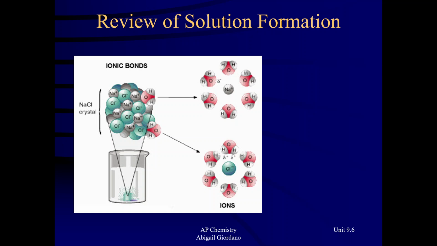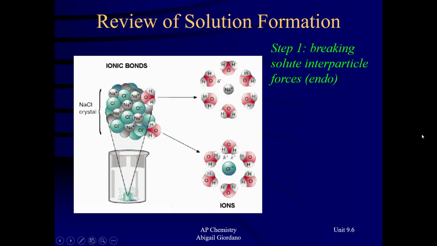Let's review the change in enthalpy associated with each step. Step 1, we're breaking apart the solute. In this specific example, that would be breaking ionic bonds, ion to ion attraction. But no matter what the solute is, that first step is always going to be an endothermic delta H. Remember, it takes energy to break.